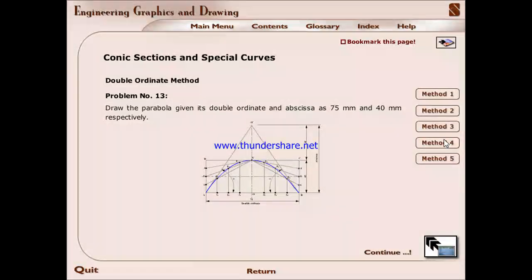Now the double ordinate method, in which we draw a parabola given its double ordinate and abscissa as 75 mm and 40 mm respectively.